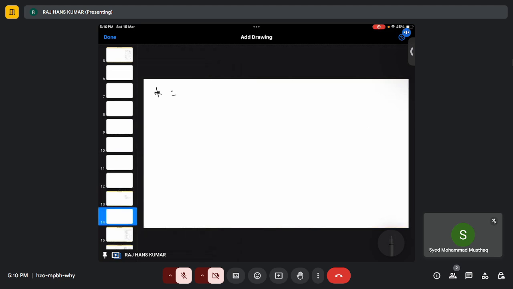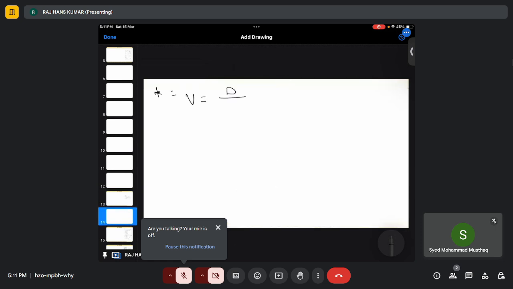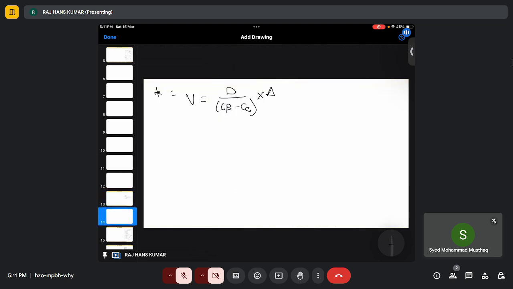If I write it in a simpler form, then V equals D upon C beta minus C equilibrium times, what is my dC? Let's take the maximum change. There is no minimum change.